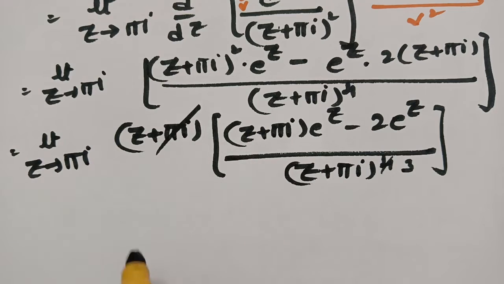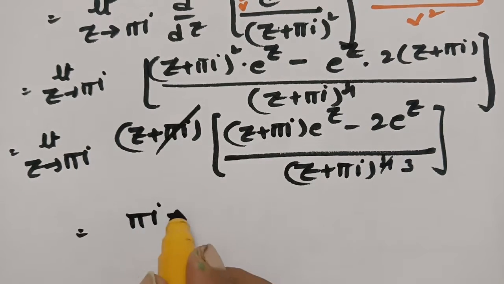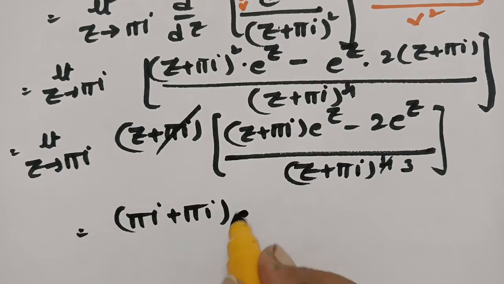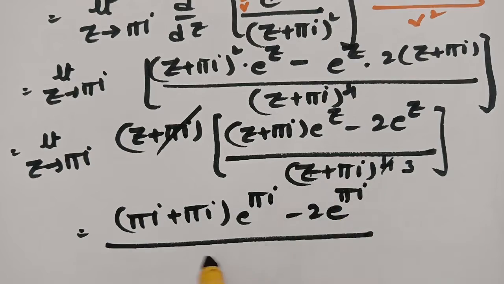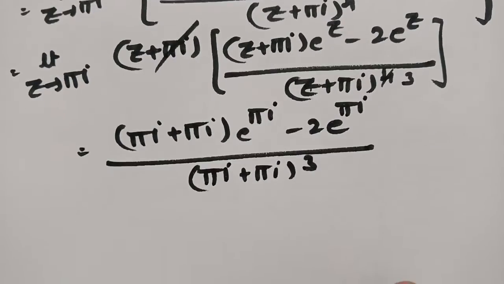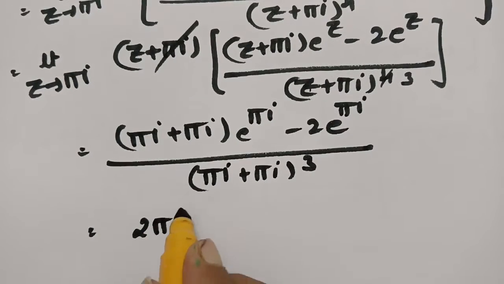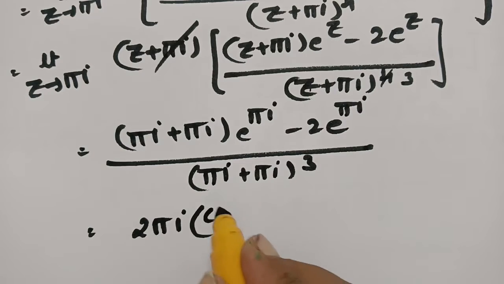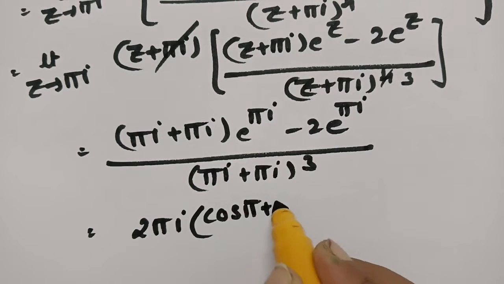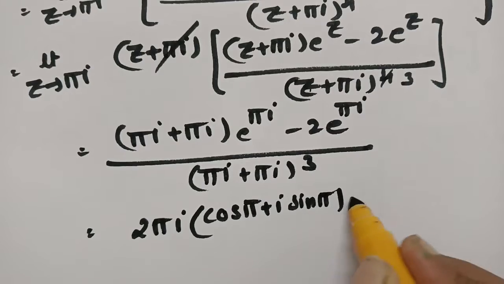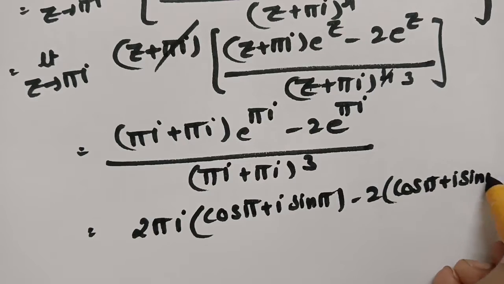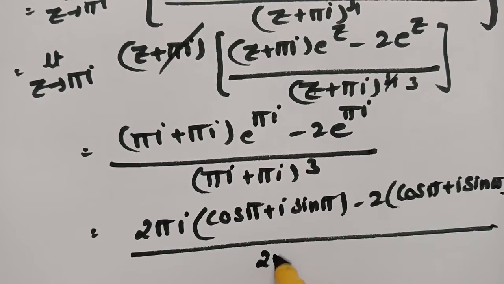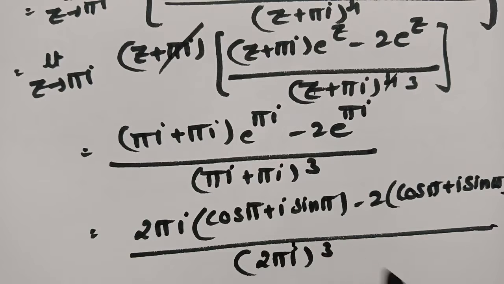So if I substitute the z value as pi i, this will be (pi i plus pi i) into e power pi i minus 2 times e power pi i by (pi i plus pi i) whole cube. So this value is 2 pi i. e power pi i is nothing but cos pi plus i sin pi, minus 2 times of cos pi plus i sin pi, by 2 pi i whole cube.